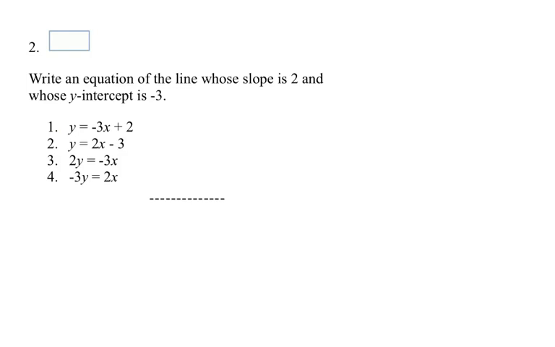Let's look at the second one. Write an equation of a line whose slope is 2. Same deal here. The number in front of x has to be equal to 2. Then we see choice 2 or choice 4, but in choice 4 you have -3 in front of y, so this will not be correct, because when you divide by -3 on both sides, the slope is 2 over -3, not just 2.